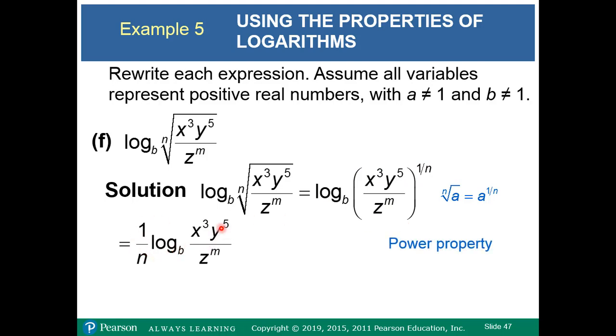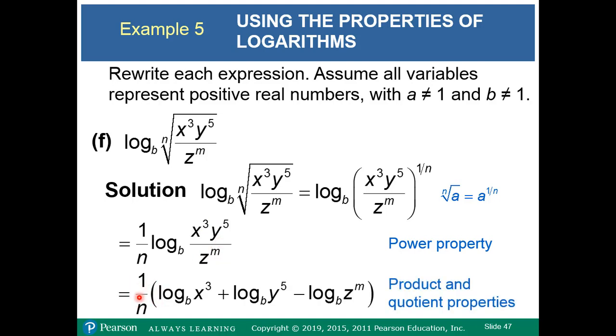So now what we're going to do is handle the top and the bottom. So it's going to be this minus this, and then we're going to use the product property here. So it's going to be 1 over n times the quantity log base b x to the third plus log base b of y to the fifth minus log base b of z to the n. And now we've got to take care of these exponents and bring them down.